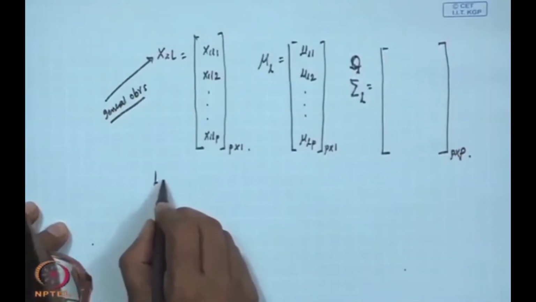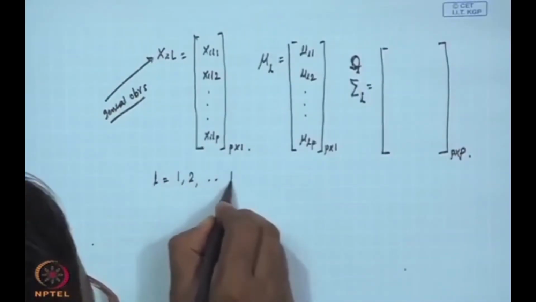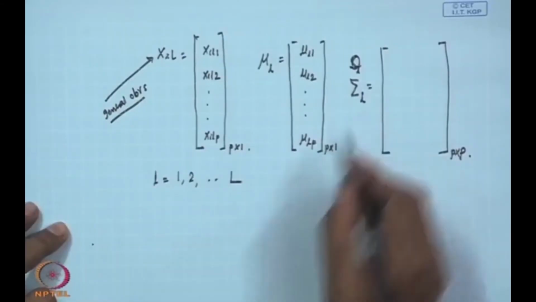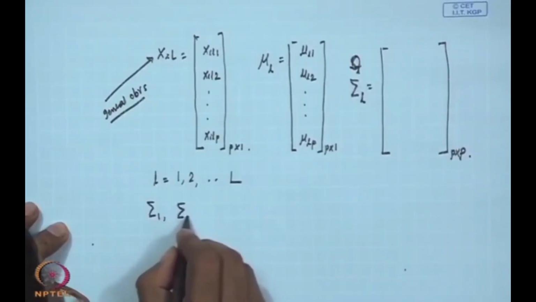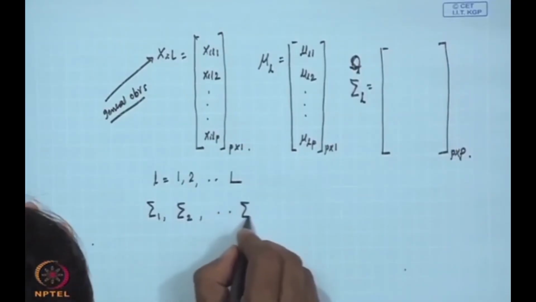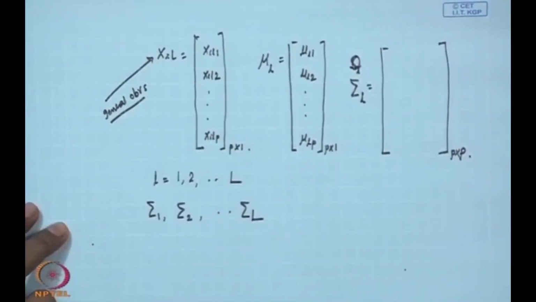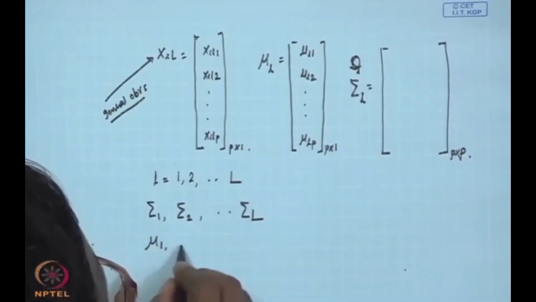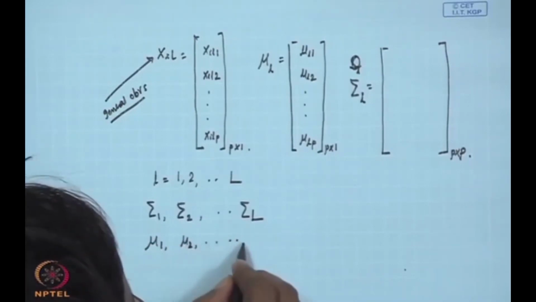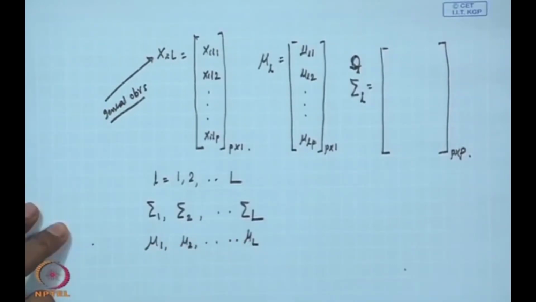Your L varies from 1 to capital L. So, there will be sigma 1, sigma 2, like this sigma capital L, and similarly mu 1, mu 2, mu capital L.